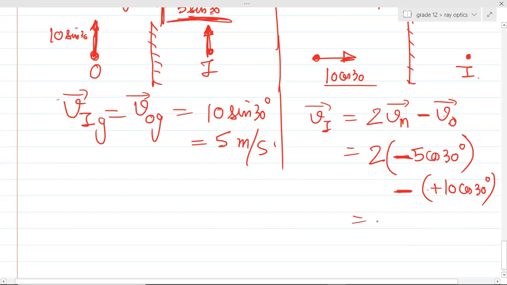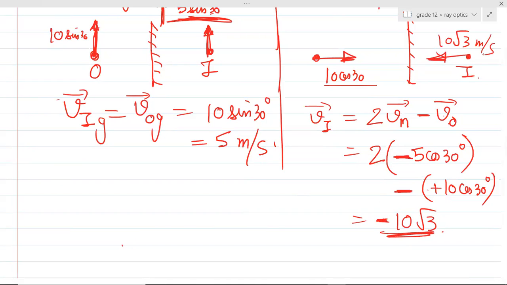Minus 10 root 3, right. So the final answer will be basically what? This is the component of image, which is, oh sorry, minus 10 root 3, minus 10 root 3 meter per second. Is this clear? Everyone understood this thing?